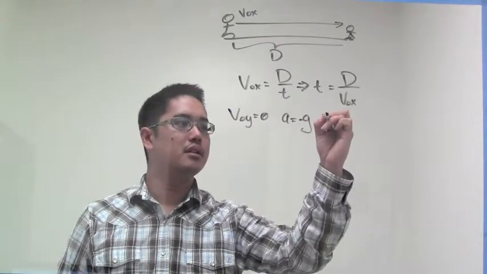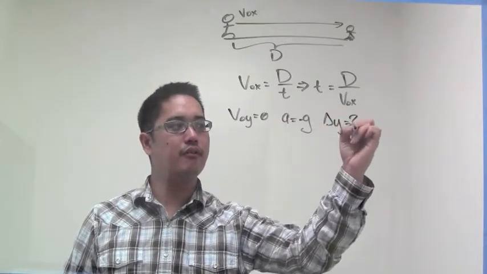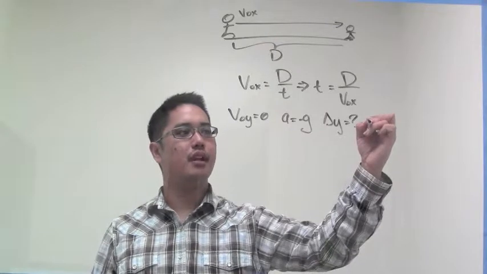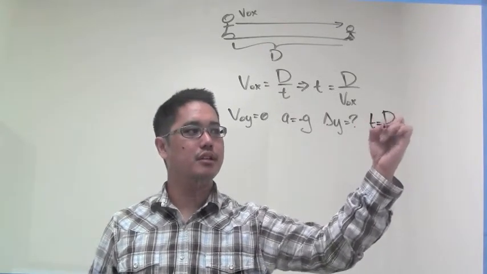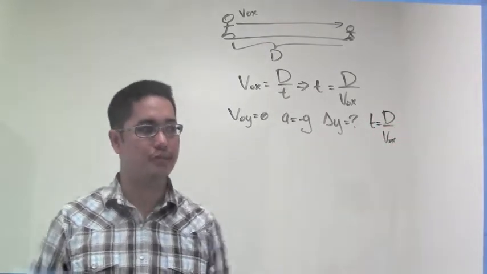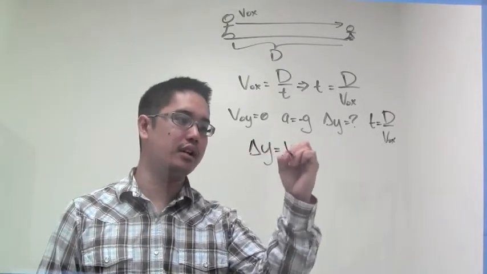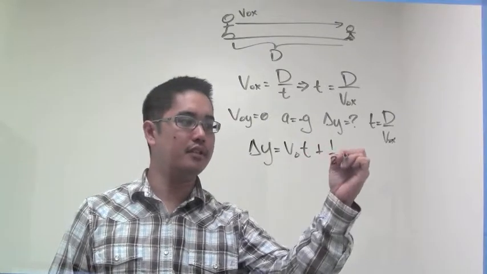Delta y is what I'm looking for. And I know that the time is equal to d over v naught x. So the equation I would use is probably delta y equals v naught t plus 1/2 a t squared.